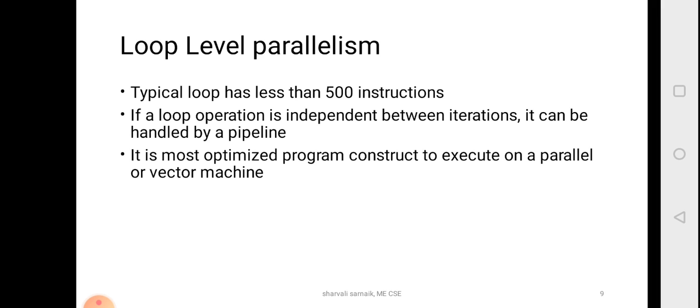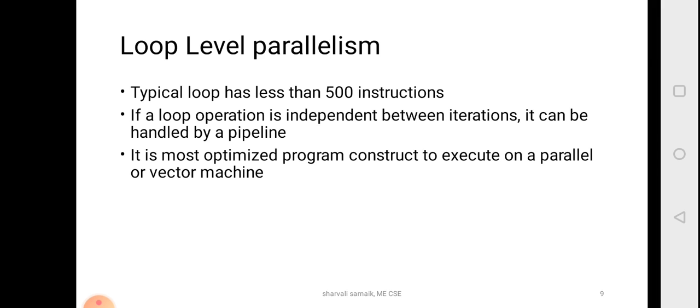Some loop operations can be self-scheduled for parallel execution on MIMD machines. Loop level parallelism is often the most optimized program construct to execute on a parallel or vector computer. However, recursive loops are rather difficult to parallelize, and vector processing is mostly exploited at the loop level.